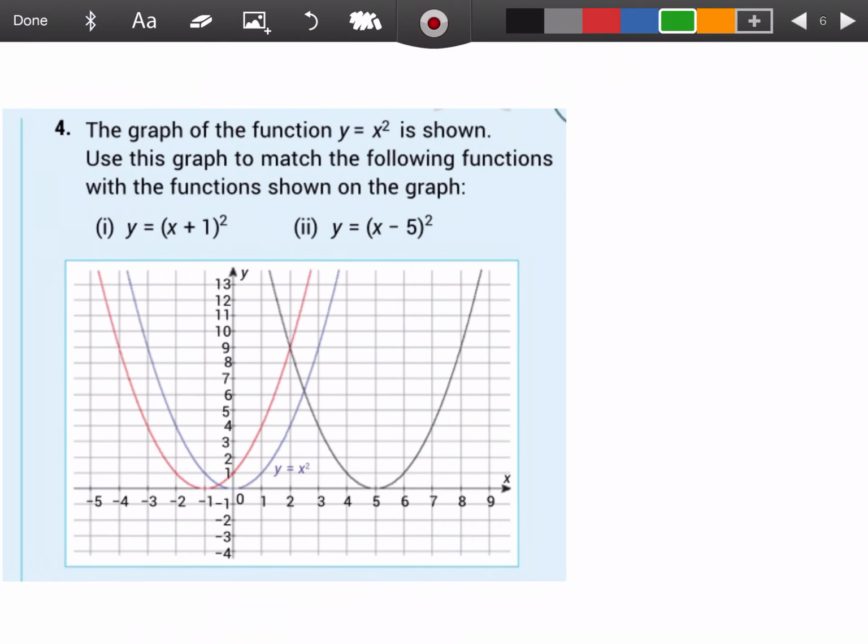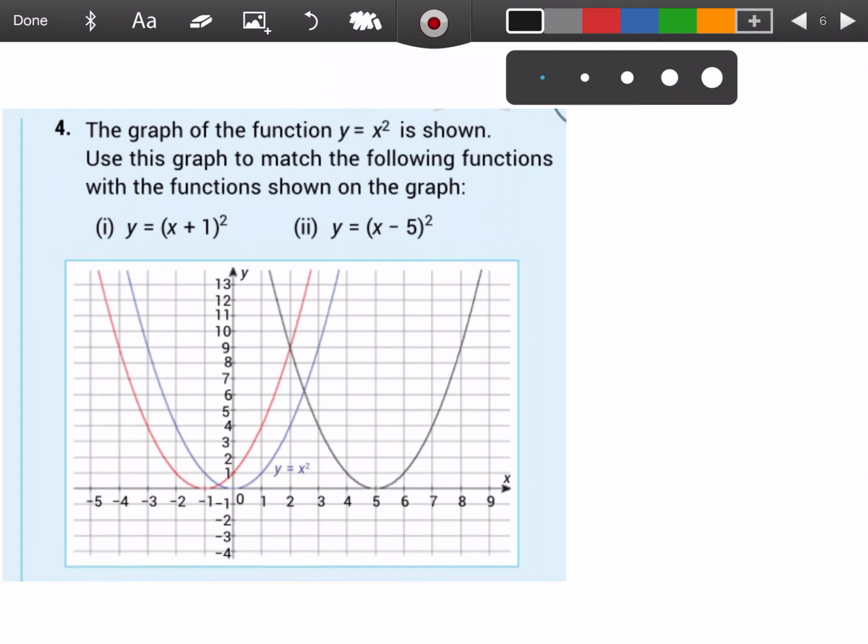The next one, you can see the difference between the two. Again, we're using y is equal to x squared as the blue one, and we've got a red one and a black one. Now look at what's happening. It says that we're adding 1.